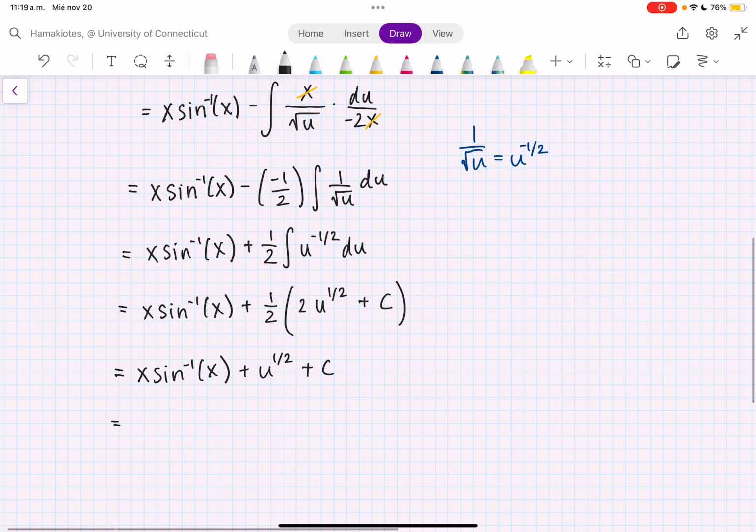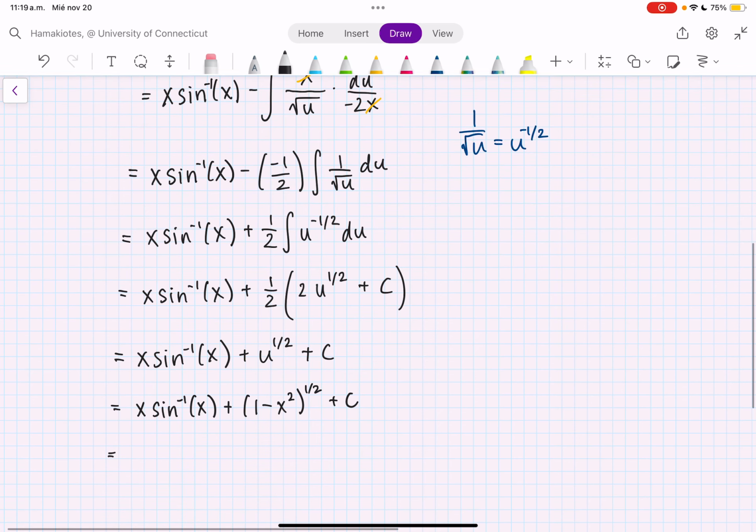So this is x sine inverse of x plus 1 minus x squared to the 1/2 plus c. And if you want, writing something to the 1/2 power is the same as taking the square root. So you can also write this as x sine inverse of x plus the square root of 1 minus x squared plus c. And that is our final answer.